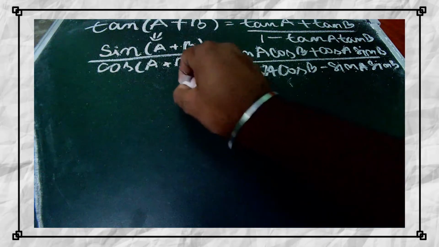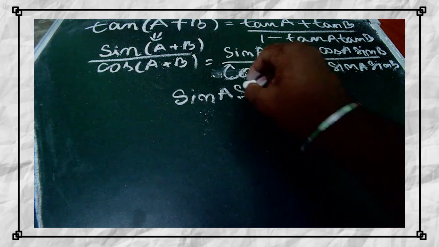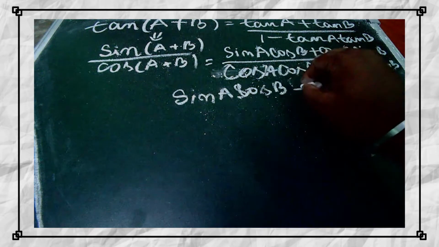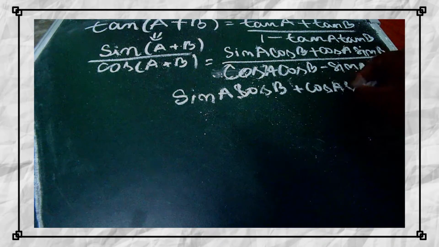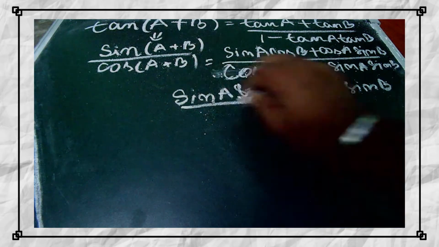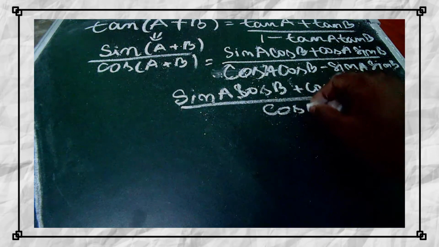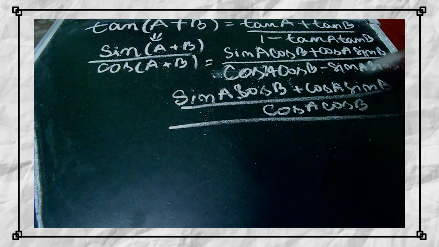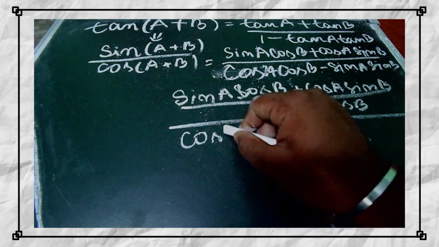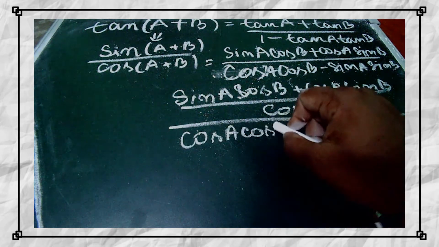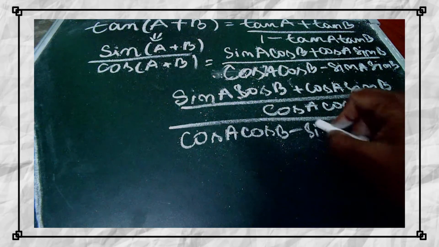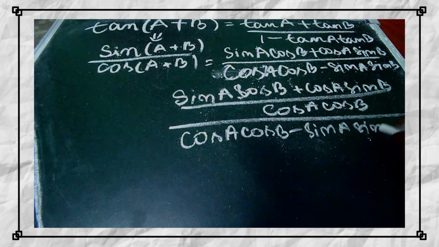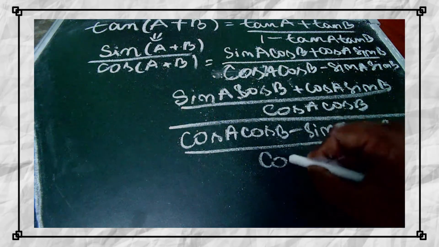So it will be sin a into cos b plus cos a into sin b, whole divided by cos a cos b, and the denominator will be cos a into cos b minus sin a into sin b, whole divided by cos a cos b.